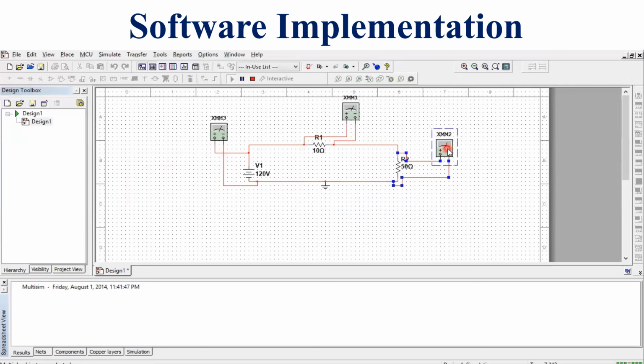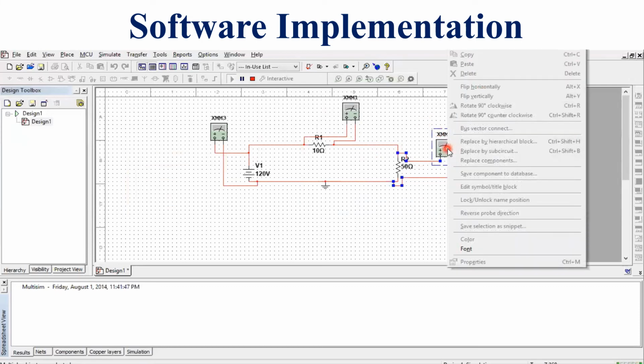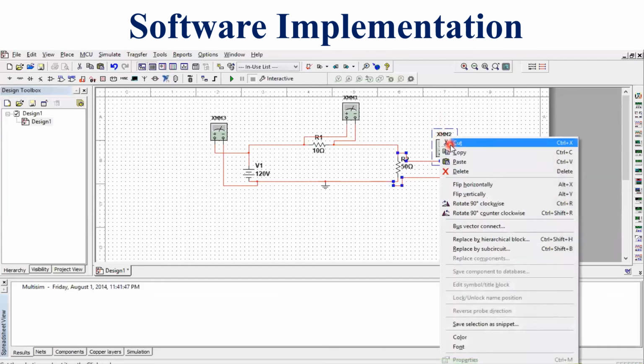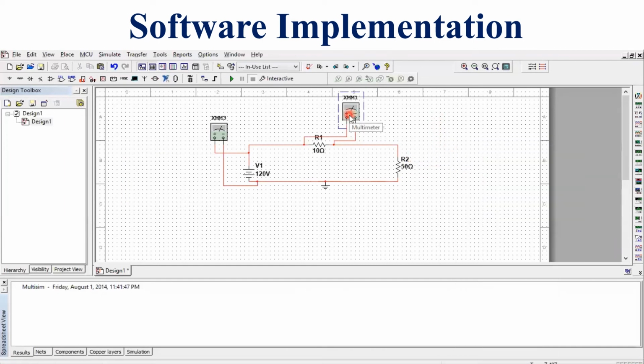The next step is the measurement of current across the series resistance. As we know that in series the current is equal, we have to connect the ammeter in series with the circuit. For connection of the ammeter in series, we have to remove some connections like this. We need only one ammeter in the circuit.